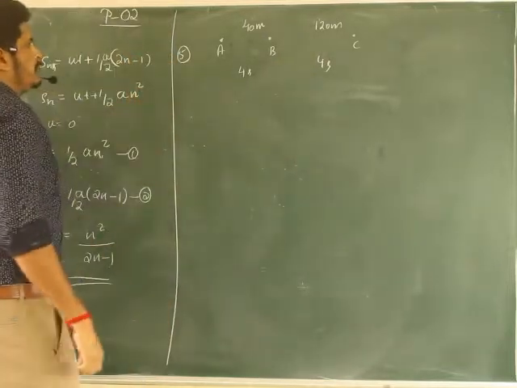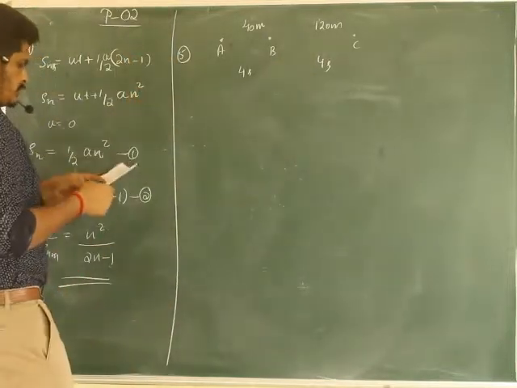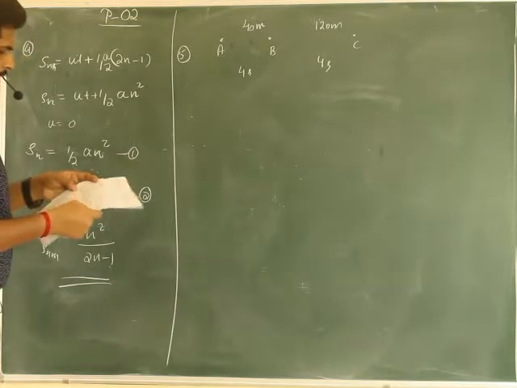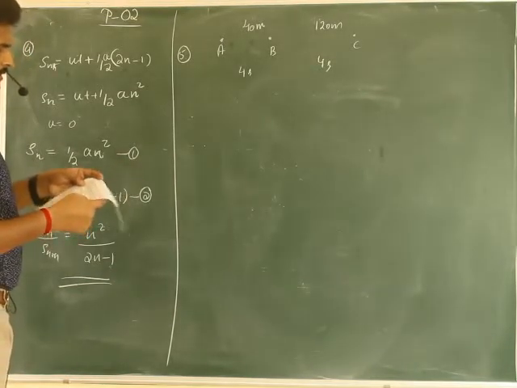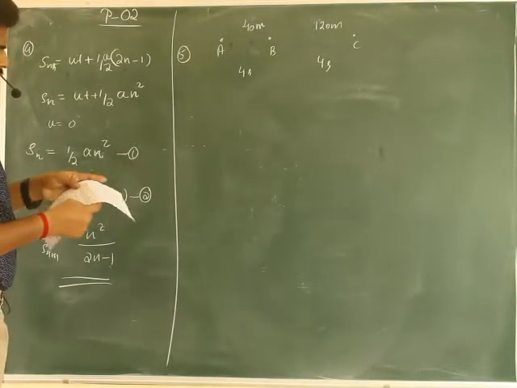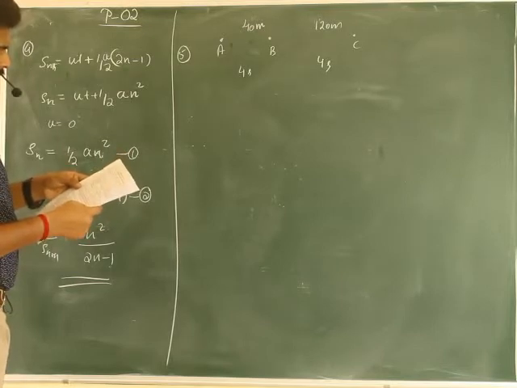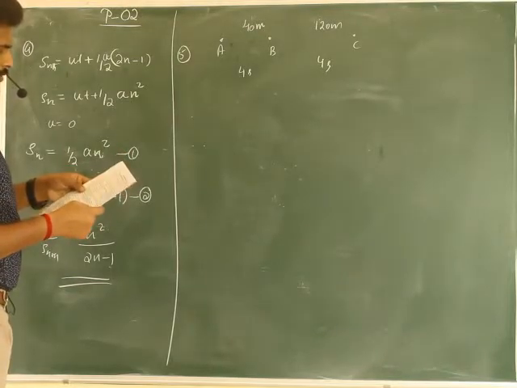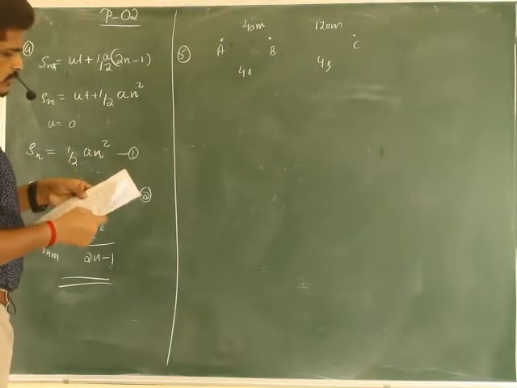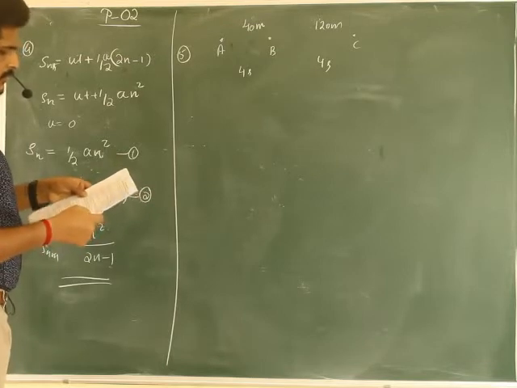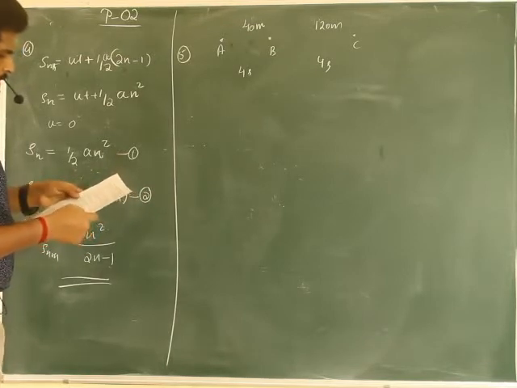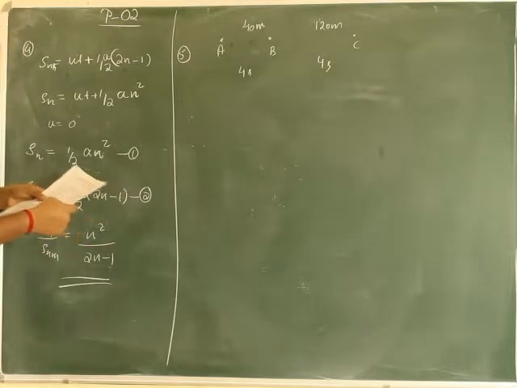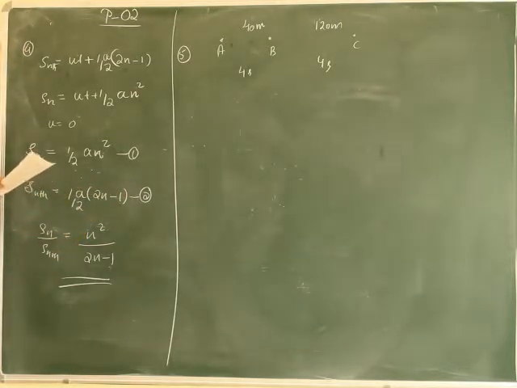Is the object starting from rest? Is initial velocity or final velocity actually mentioned? No. Initial velocity we don't know, acceleration we don't know, but we are able to substitute, right? So let us substitute that and see.